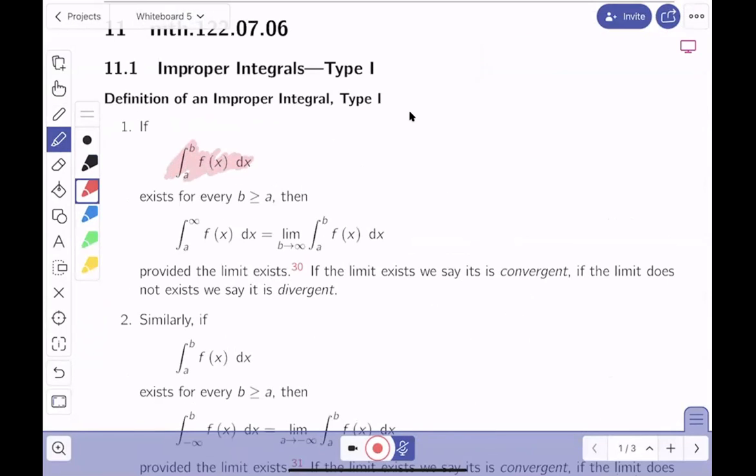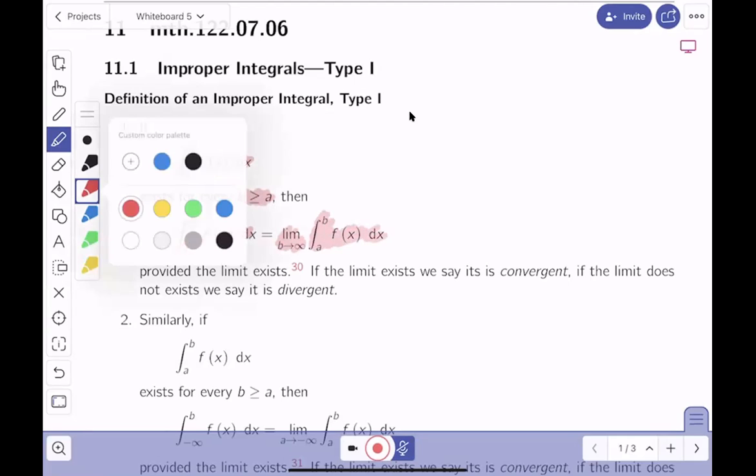We're going to say that this integral exists for all b greater than a. What I mean is that these are finite numbers now: for some finite b and some finite a such that b is greater than a. Then, if we have the upper limit at infinity, which is clearly greater than a, we need to rewrite the integral as a limit problem, where b is going towards infinity.